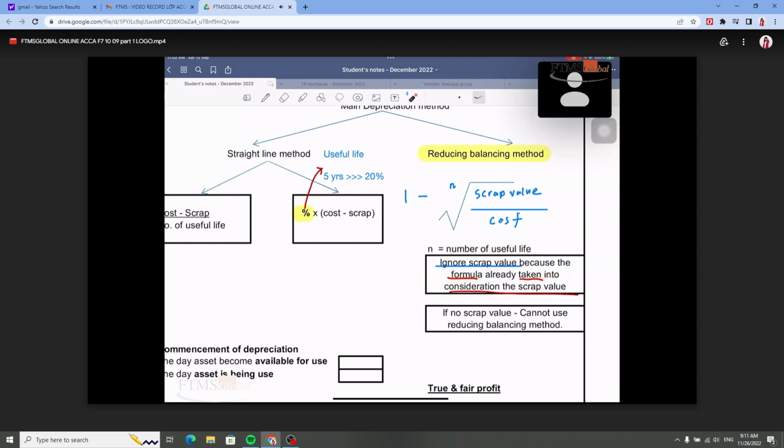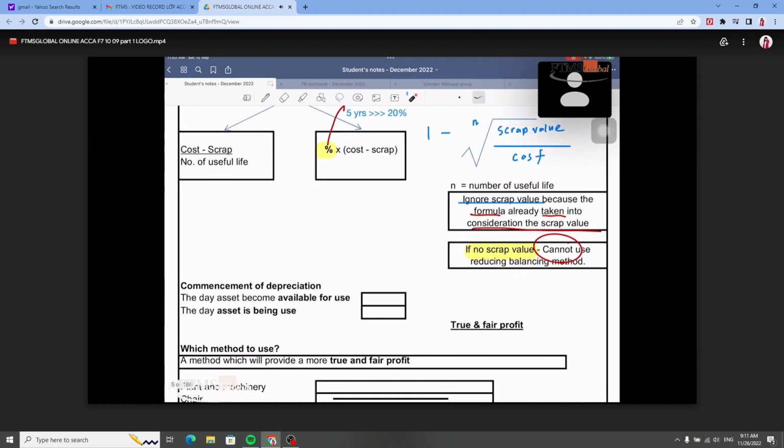Now, the more important thing is this: if there is no scrap value, you cannot use the reducing balance method. Why? It's mathematics. If your scrap value is 0, 0 divided by something becomes 0, correct? Do you think you can take the root of 0? No. Something like this may appear in your exam.